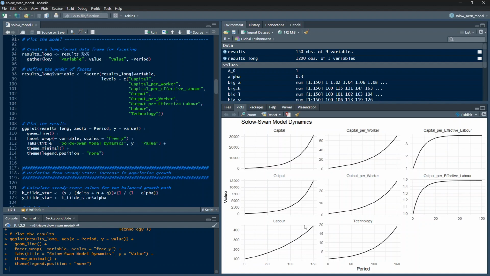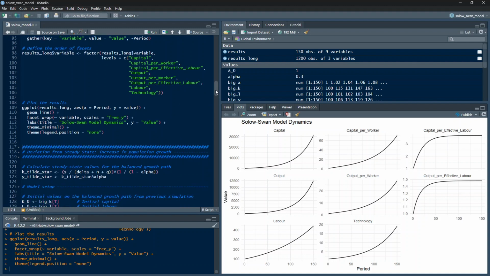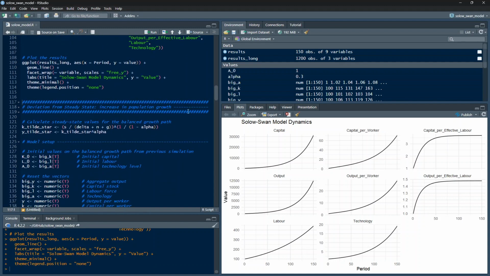Again, our technology and labor on the bottom here are shown because these are growing at the predefined rates, n and g respectively. So what we want to do is characterize this steady state.